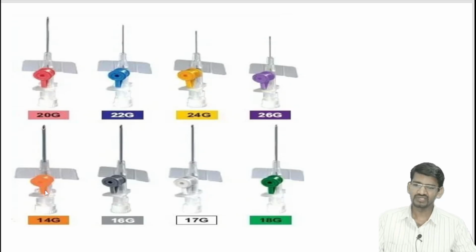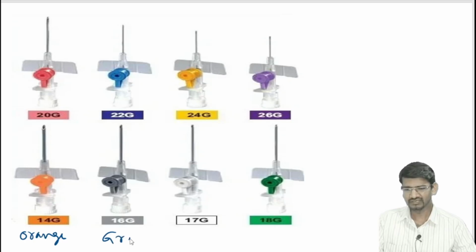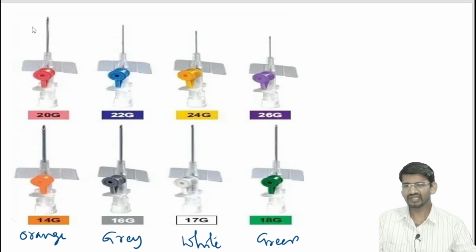The 14 gauge will be orange, 16 will be gray, and 17 will be white, which is not commonly seen in hospitals. Then 18 gauge is green, 20 is pink, 22 is blue, 24 is yellow, and this is purple.